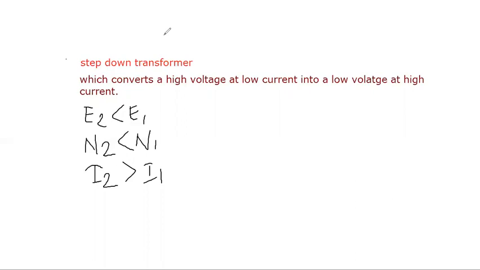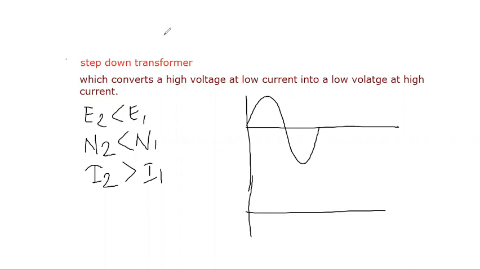So you must understand a transformer is only bringing the high voltage to the low voltage. It is not doing anything with respect to frequency. So a transformer does not change frequency. Suppose if the transformer is something like this and it is a step down transformer, then it is only bringing the amplitude less. So it will not do anything to the frequency.